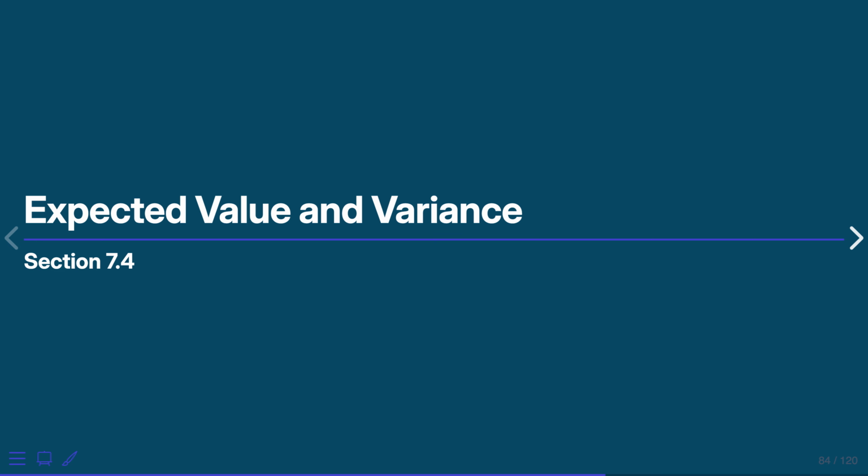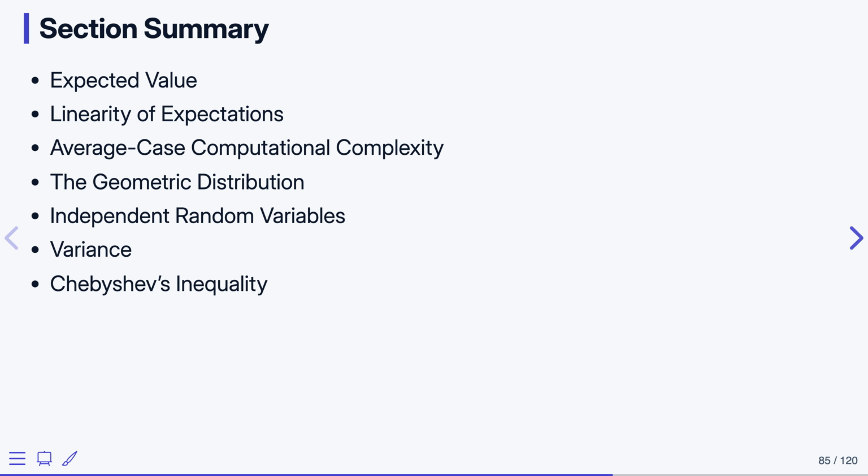Now we turn to the last section. We learn two numbers that describe a random variable, the average result, and how far the result spreads from it. This is the plan for this section. First, expected value. Then its very useful linearity property.